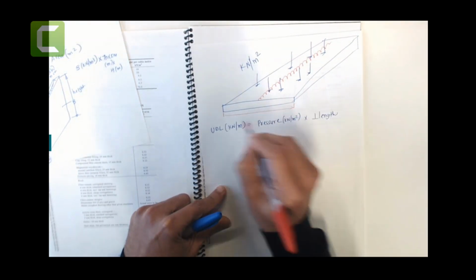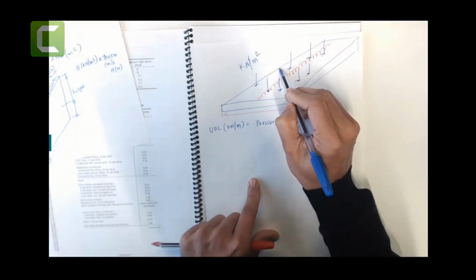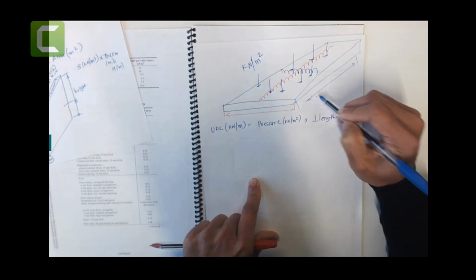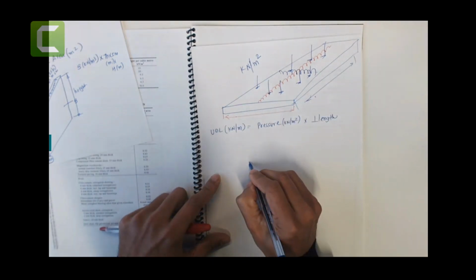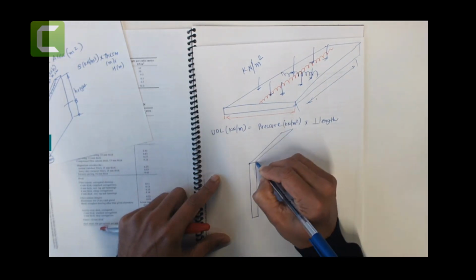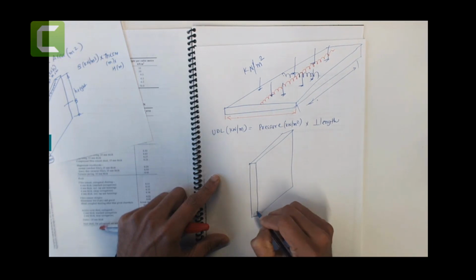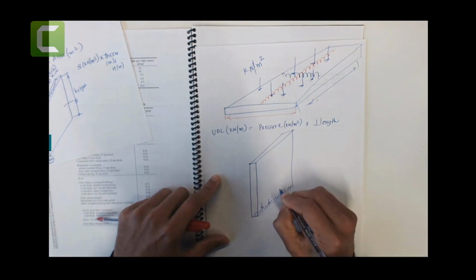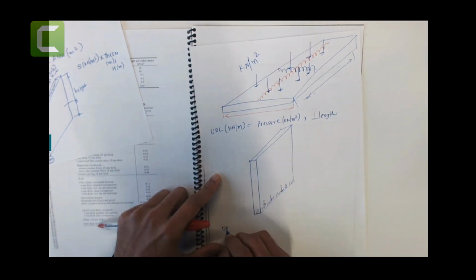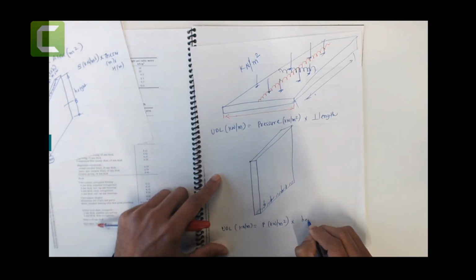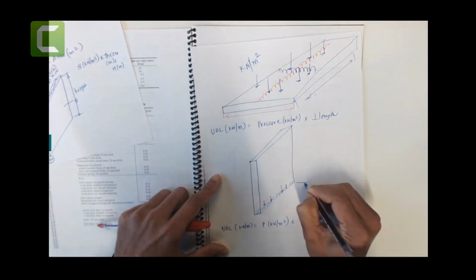One exception though: if you have a wall standing like this, causing the pressure here, then the UDL load for the wall is the pressure in kilonewton per meter square times the height. That is in meters, and that is your height.